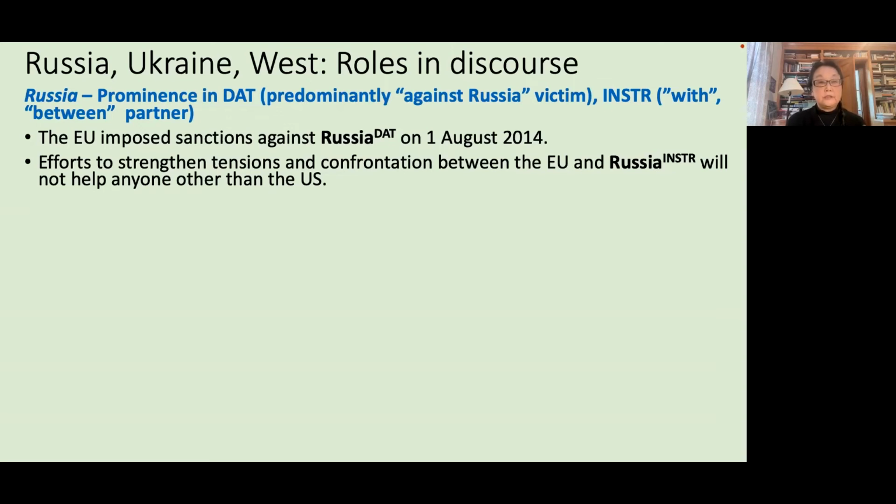You see this here as an example: sanctions against Russia. This is a very frequently used chunk. And confrontation between the EU and Russia, the instrumental case. So negotiator, legitimate partner, that's the kind of role that the word Russia occurs in.